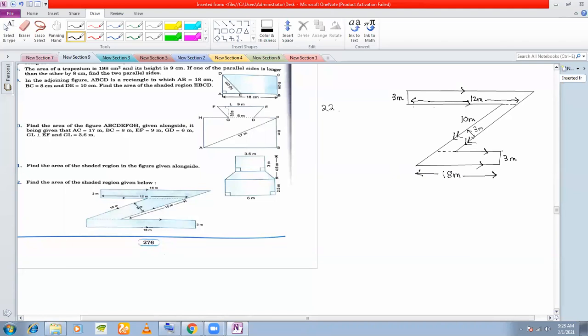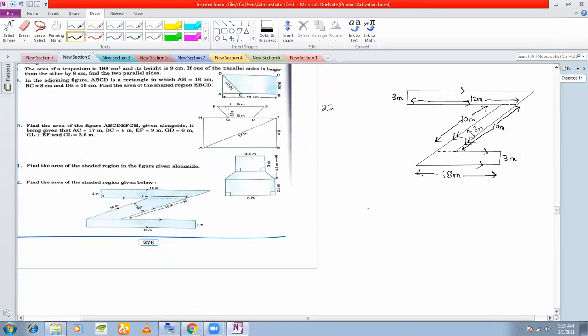It should be longer than 12, but because my diagram is rough, it looks smaller than 12. So these are the lengths that are given, and one more length is given, that is this length. This length is given to you as 10 meters, and this length is also given to you as 10 meters.